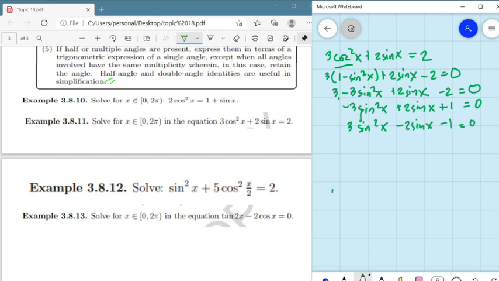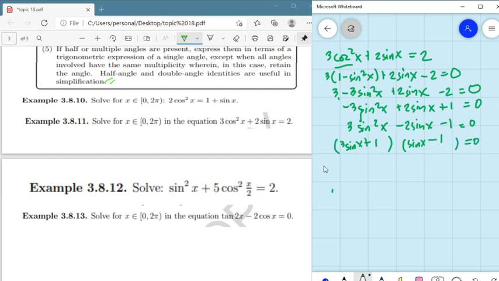So this becomes 3 sine squared x minus 2 sine x minus 1 equals 0. Okay. Factoring, we have 3 sine x and sine x, then negative 1 here and positive 1, so that negative 3 sine x plus sine x gives negative 2 sine x.